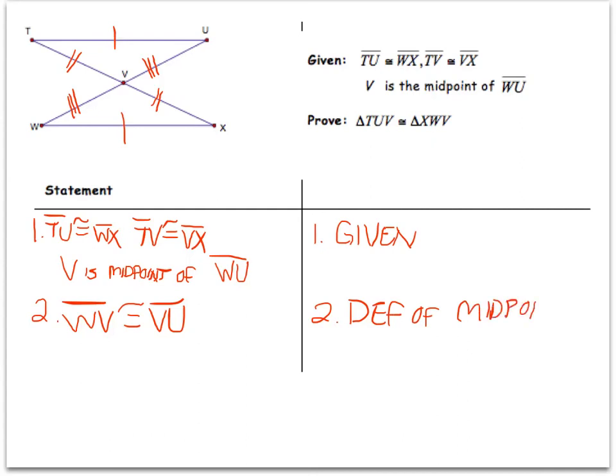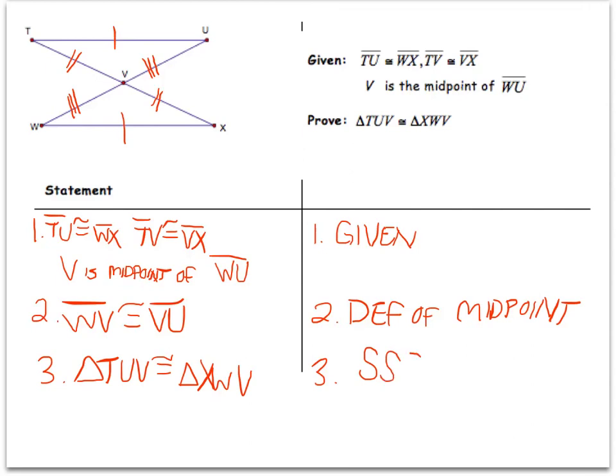The fact that it does split this line segment in half. Lastly is our proven statement. We have the three congruent sides, so we can actually say that triangle TUV is congruent to triangle XWV, and this is by the side, side, side. So now you just have to be aware that whenever using side, side, side, if you can come up with three congruent segments, you're good to go, and that's all that's necessary.